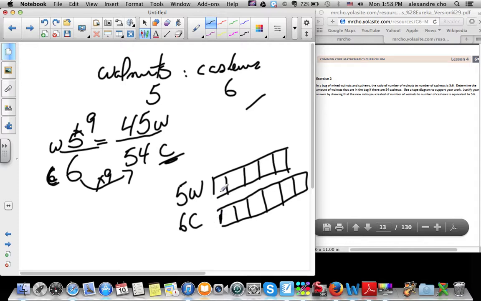So 5 to 6 is your initial ratio, but now they want to change that ratio to 54 cashews. How would you fit 54 in 1, 2, 3, 4, 5, 6? Every box would have 9. 9, 9, 9, 9, and 9, which means the top would also have 9, 9, 9, 9, 9, giving you a total of 45. Notice that we have the same answer that we got on this side.